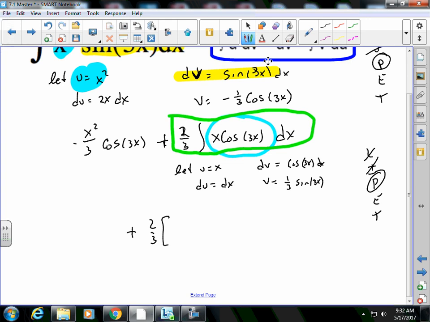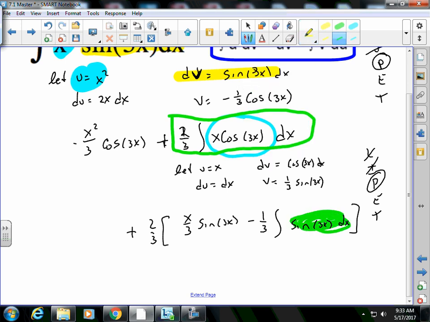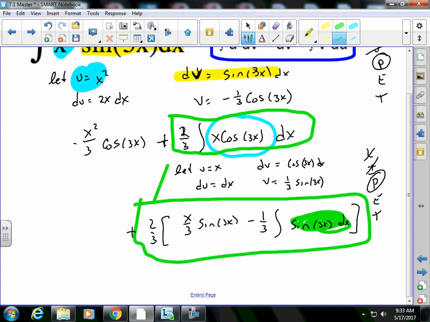I have to have a u times v: x over 3 sine 3x minus 1/3 the integral of sine 3x dx. This I can handle. I know how to integrate this bit here. Remember, this whole thing is that bit there.